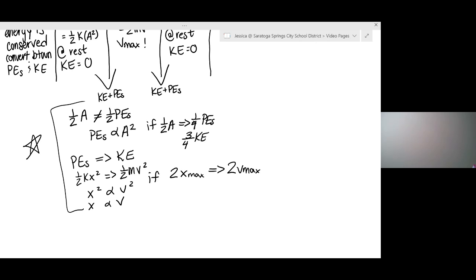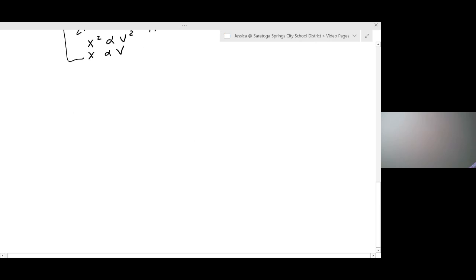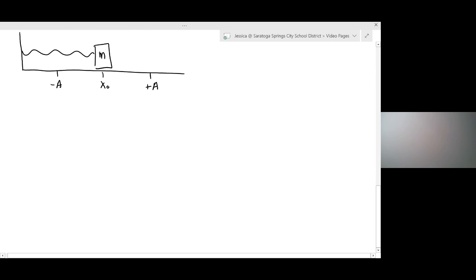Okay. So the next thing I want to talk about with this system, I'm just going to redraw it here. 0. We have a negative A and a positive A. Okay, the next thing I want to talk about is kinematics, so positions and velocities and stuff like that.